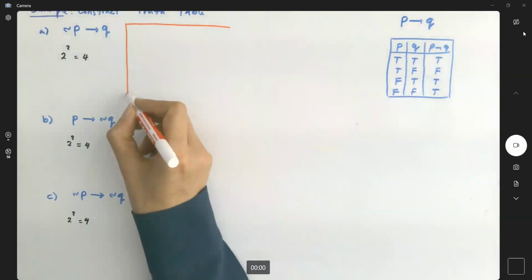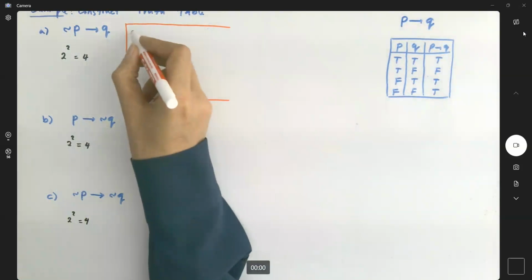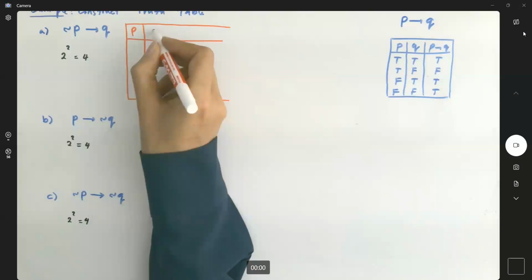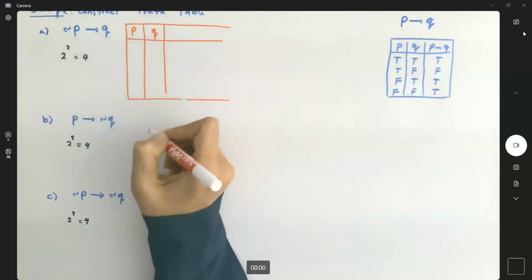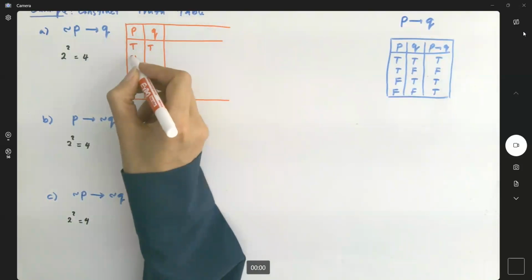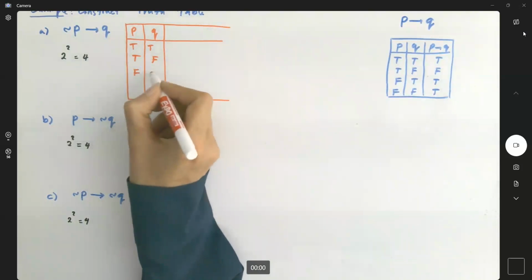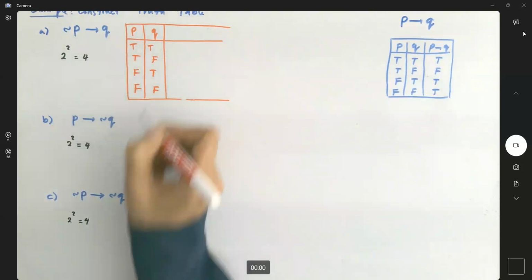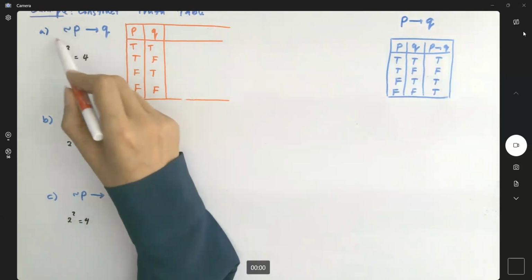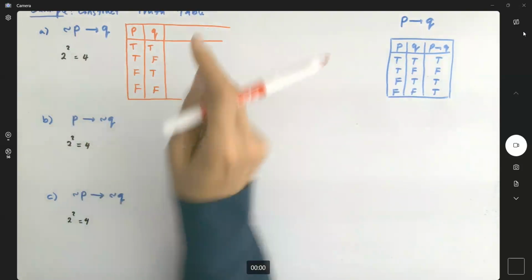Here I have P. I have Q. True, true, true, false, false, true, false, false. In this scenario, I also need the negation of P, right?